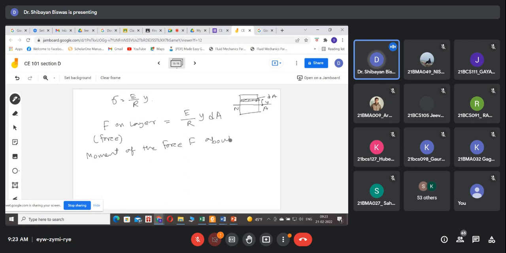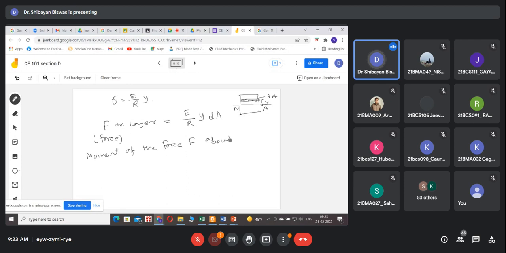So we can denote it as I. So from here we can see M is equal to E by R into I, or M by I is equal to E by R. So whatever we have seen earlier, E by R is equal to sigma by Y. So if this is 1 and this is 2, from it we can write that M by I is equal to E by R is equal to sigma by y.